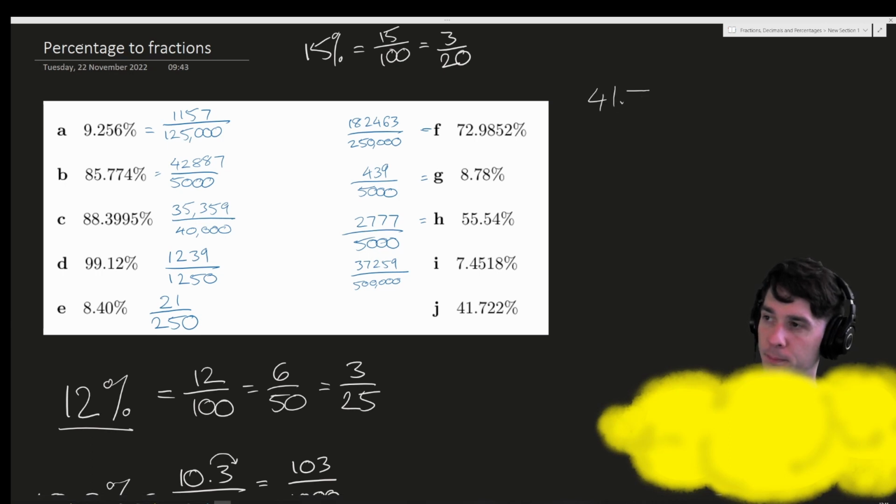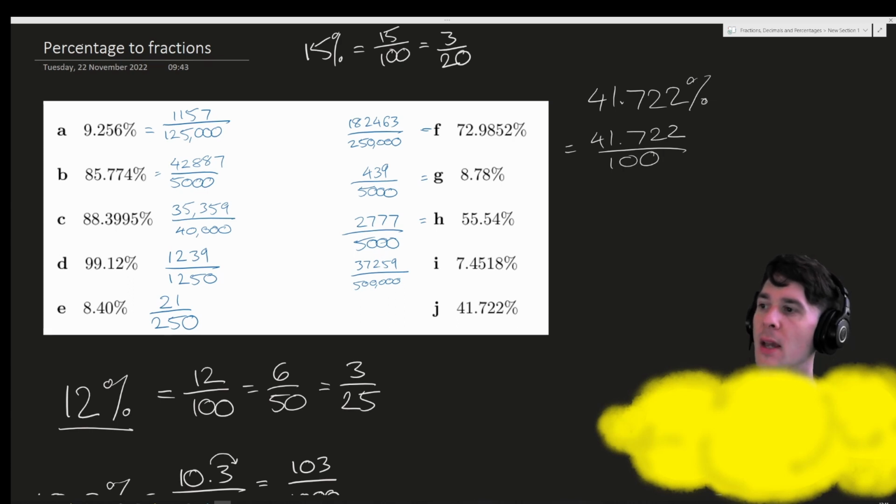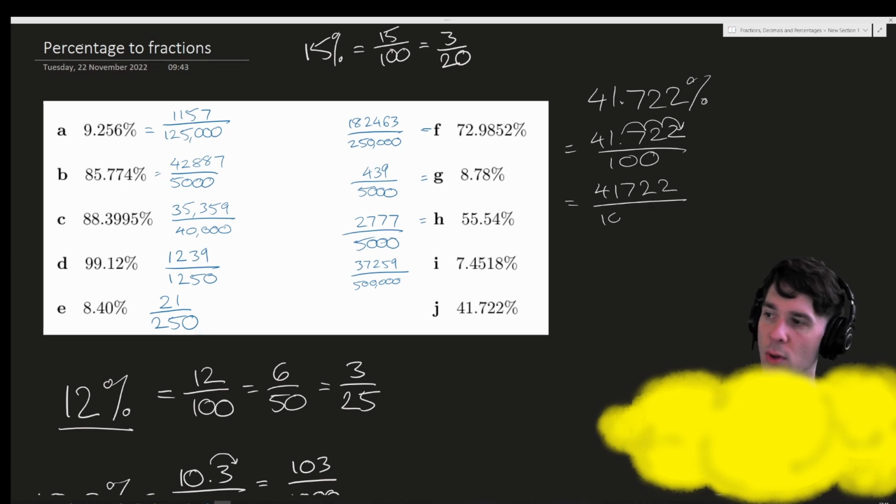Last one, 41.722% becomes 41.722 over 100. Okay, so this means that we need to multiply by 1,000 to get the decimal point out of the way. We get 41,722 over 100,000.